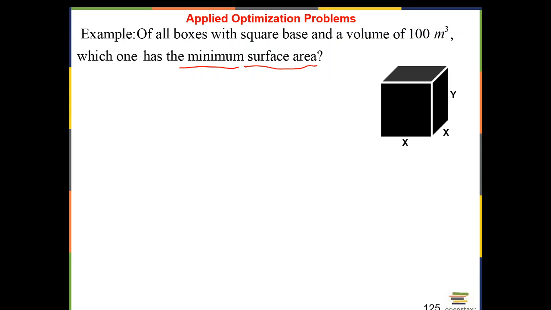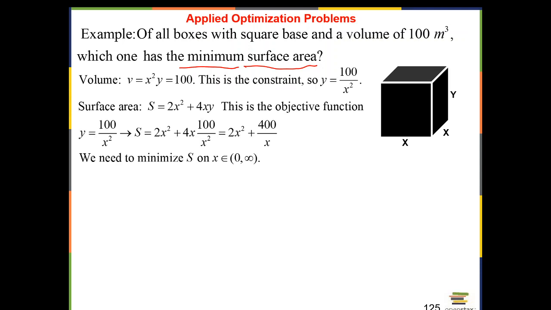So we take our variables, which is x and y, and write an equation that relates the variables. Now surface area, what's surface area? Well, surface area of this thing is the area of the bottom plus the area of the top. So the bottom is x squared, the top is x squared, and then we got this side, the side behind this one, and the side to the left of this one.